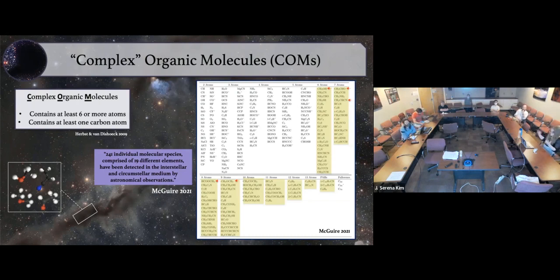Some may say they're not complex, but for the sake of this talk, I will define any complex organic molecule as those containing at least 6 or more atoms and at least 1 carbon atom. Highlighted in the table are those that I would consider complex, and marked in red are those that I've actually detected in the surveys I'll be talking about later on.